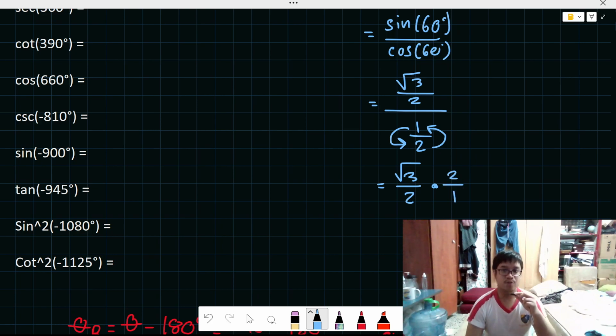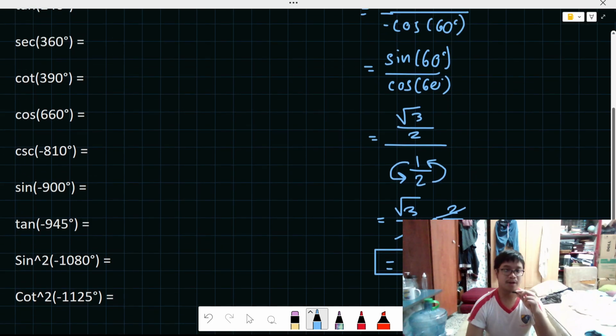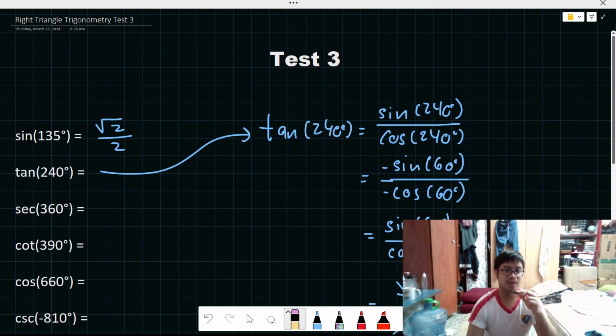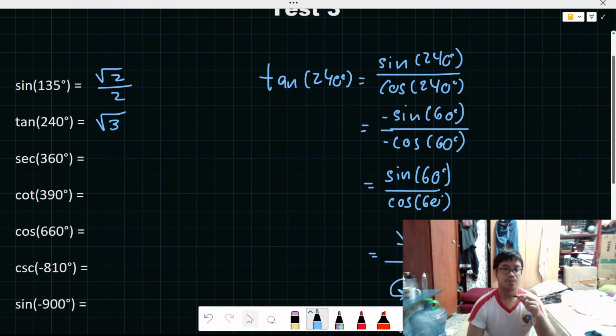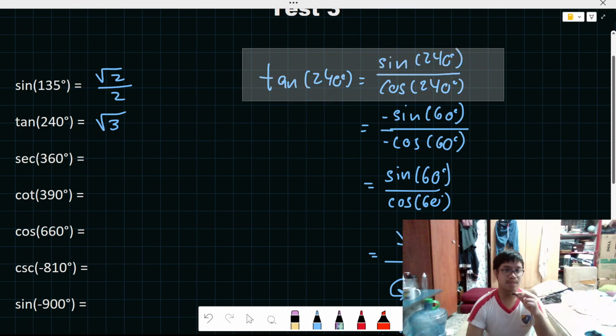Now you see we have 2 on the bottom and on the top, so we can just simply cancel them. So you will have square root of 3 all over 1, or simply square root of 3. So the answer is square root of 3. There we go. So we're done with the second problem.